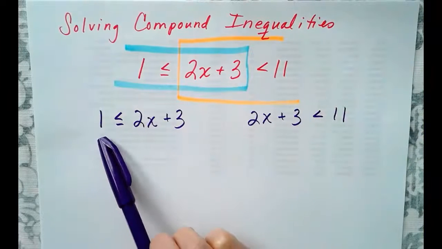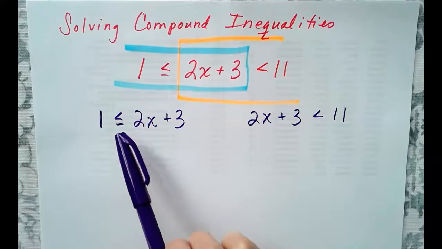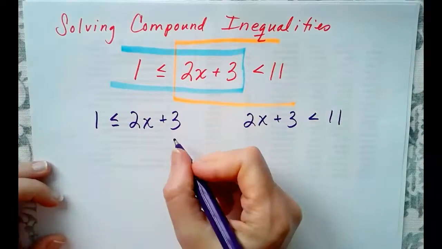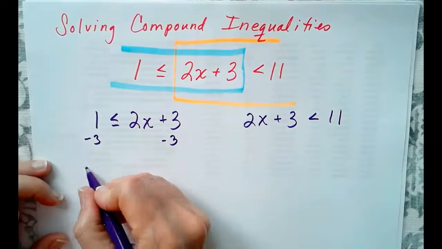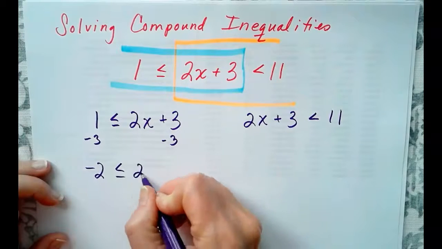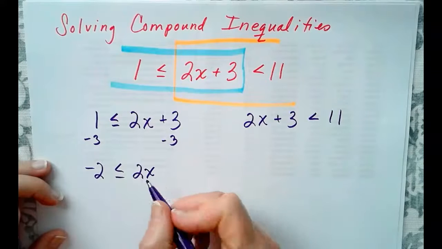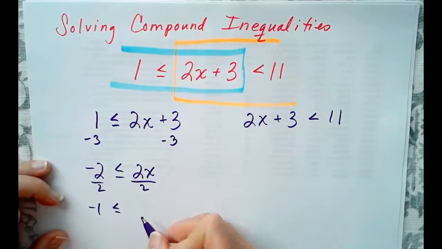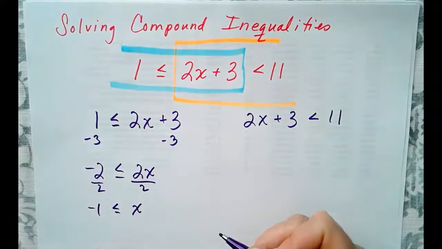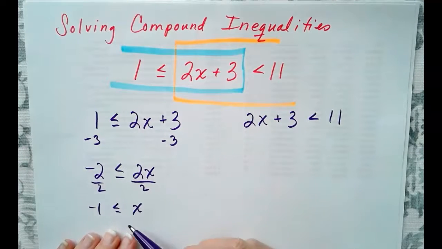So if 1 is less than or equal to 2x plus 3, I'll start by subtracting 3 from both sides. 1 minus 3 is negative 2, which is less than or equal to 2x. Divide by 2, divide by 2. Negative 1 is less than or equal to x. So consider the logical equivalence here.